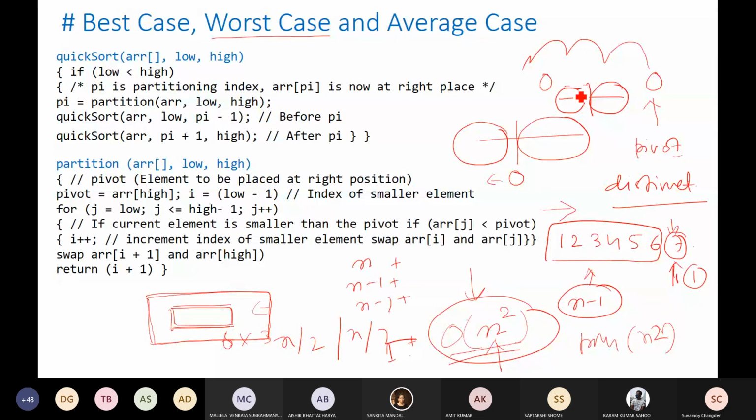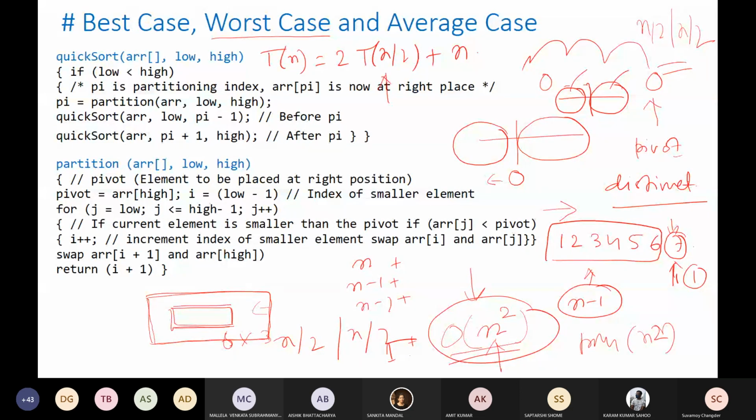Now if we always divide the array into n by 2 and n by 2, then it will exhibit the best case. So T(n) will be equal to 2T(n/2) plus something like n. Forget about the meaning of this.